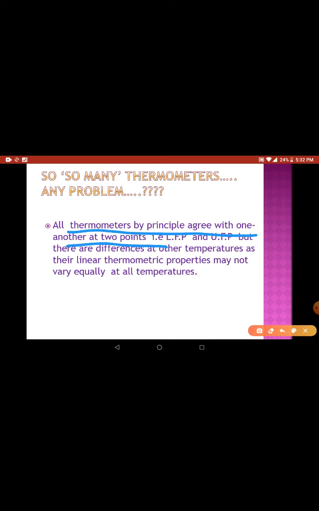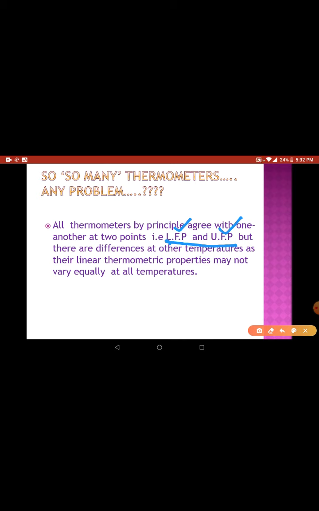Celsius. Likewise, we fix LFP and UFP for any kind of thermometers, and different thermometers all agree on this lower fixed point as well as upper fixed point, but they do not agree in between points because their thermometric properties may not be as linear as they are.